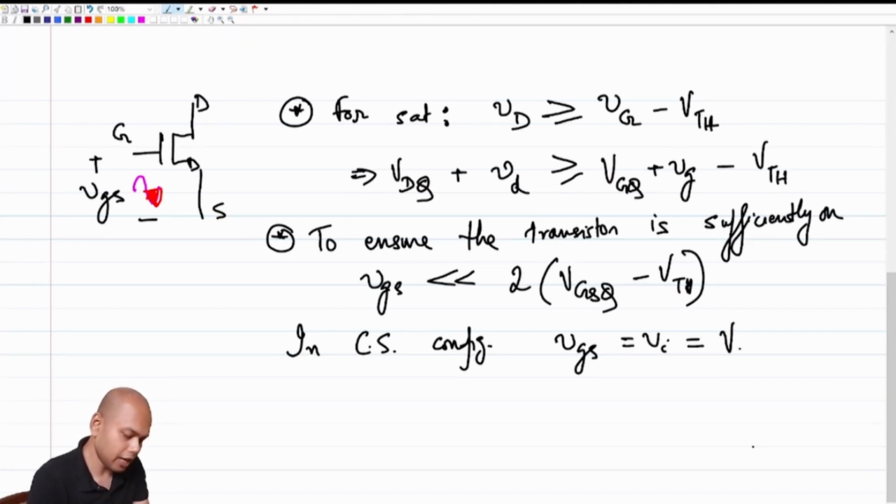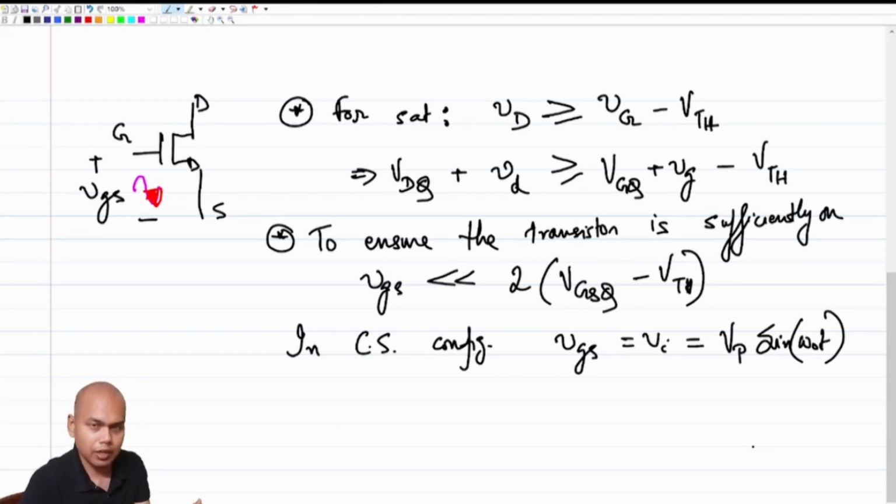And if the input is a sinusoid, then VGS essentially becomes Vp sin omega naught t, right? So what is the condition on Vp to ensure that the small signal approximation always holds?